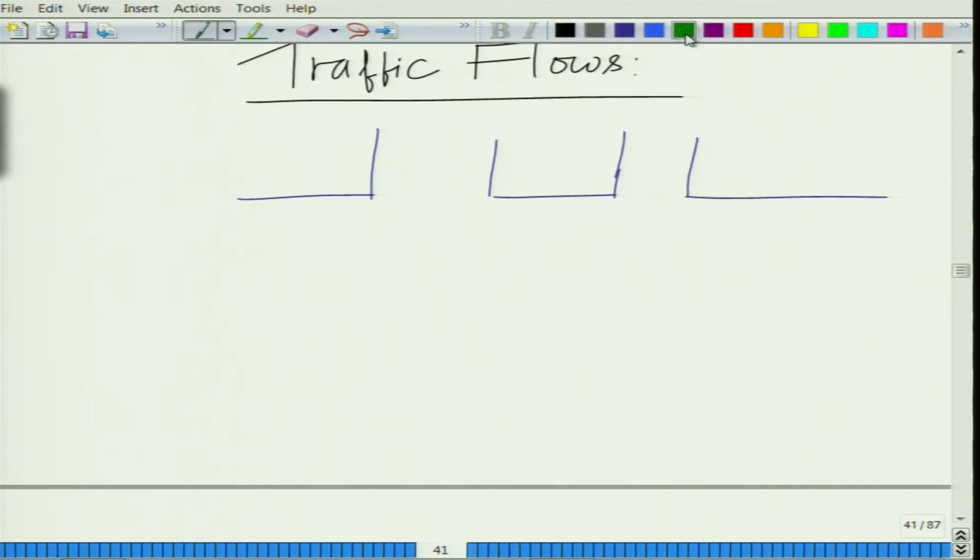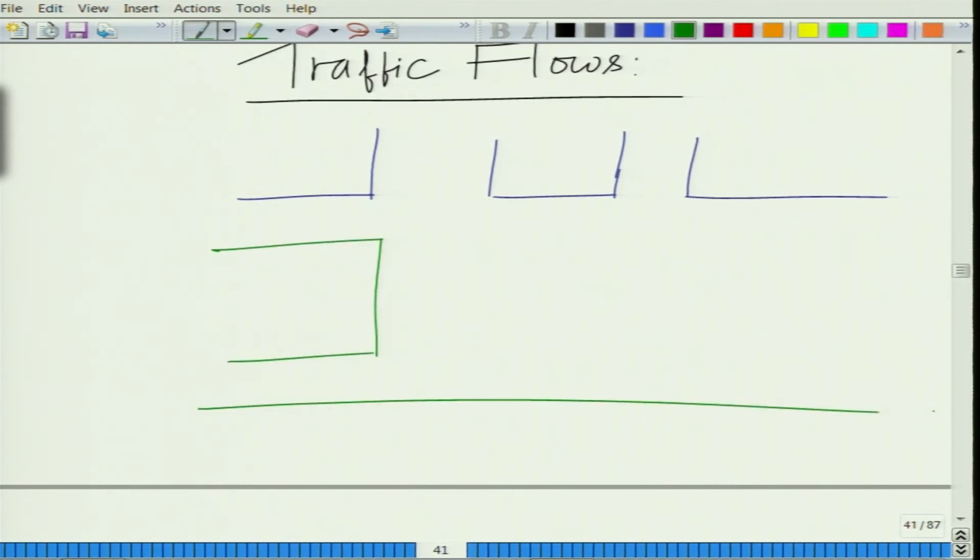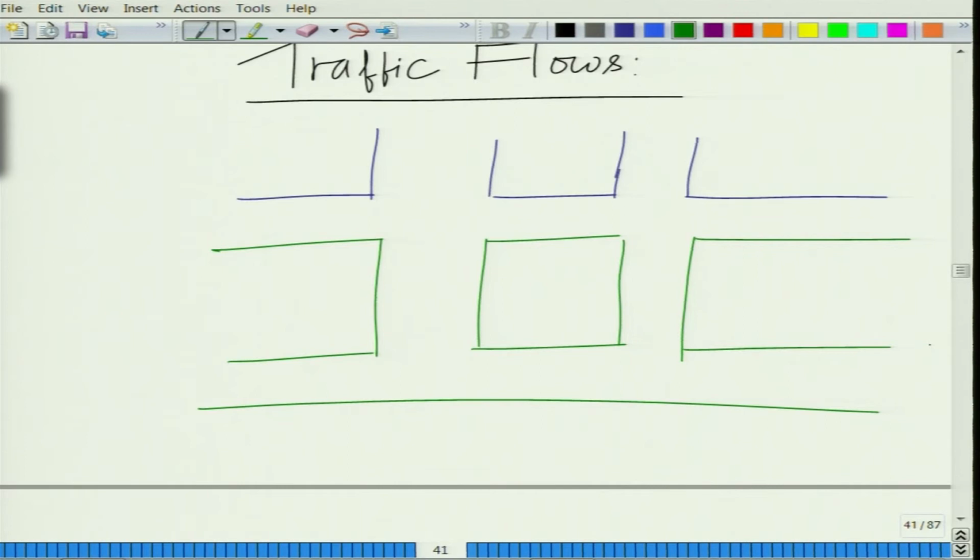Let us take an example of a grid of roads. So, you have a city which is in blocks, and then you have the grid of roads. So, let us look at the traffic.